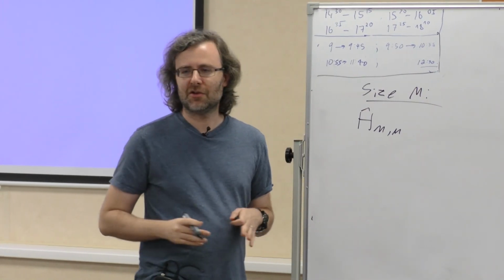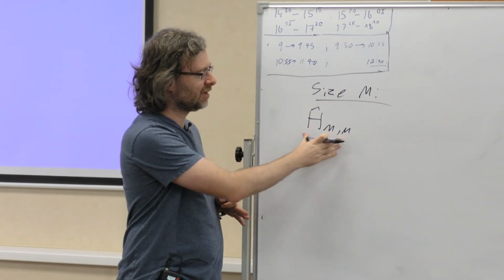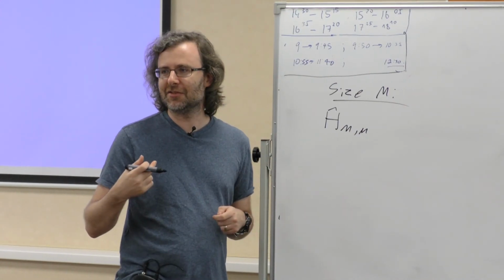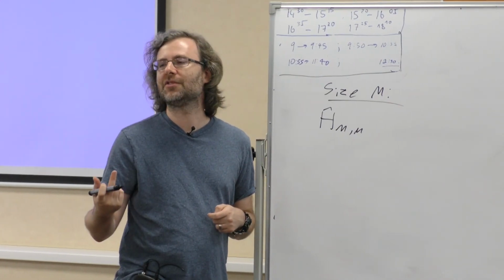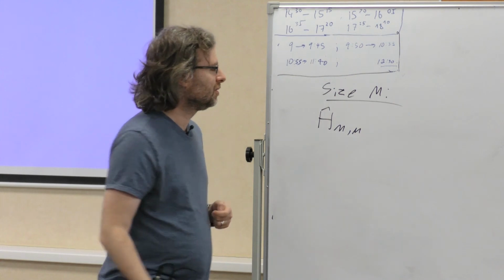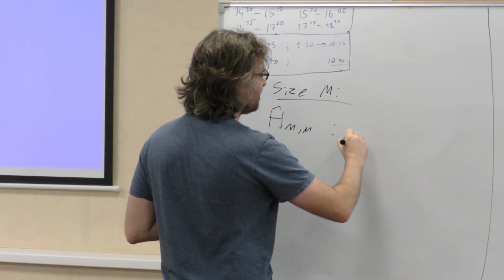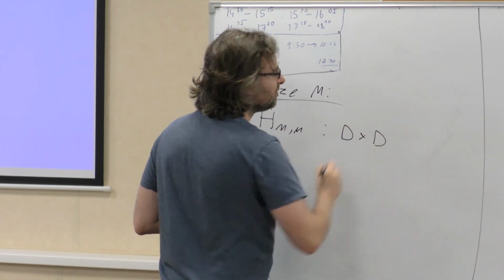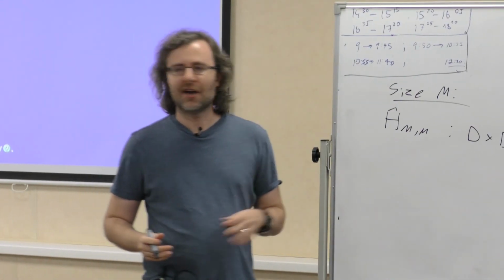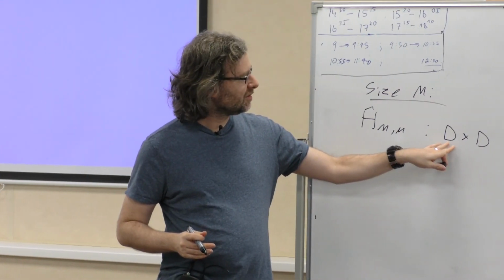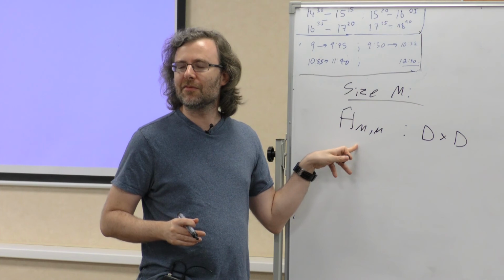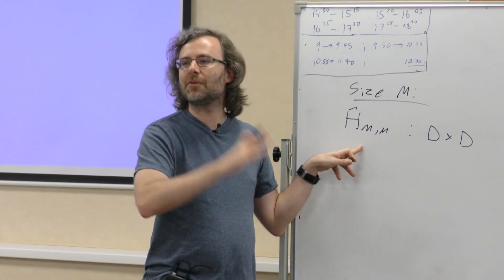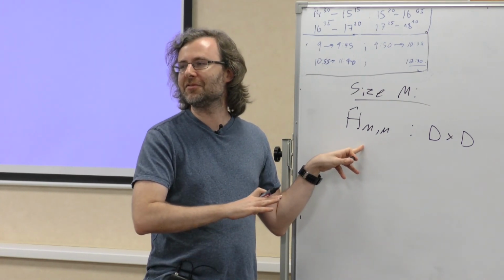Okay, so an exact Hamiltonian like this is going to be of dimension 4 to the m times 4 to the m, right? But I'm going to assume that this is somehow d by d. Either d is greater than 4 to the m, or I've found some way to compress it in the previous step.